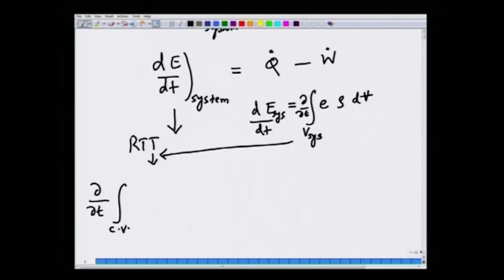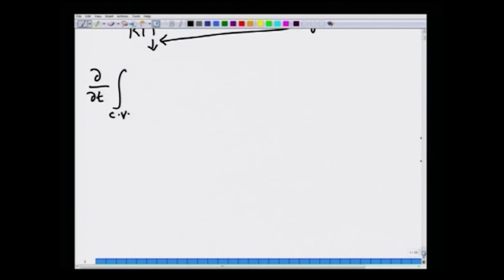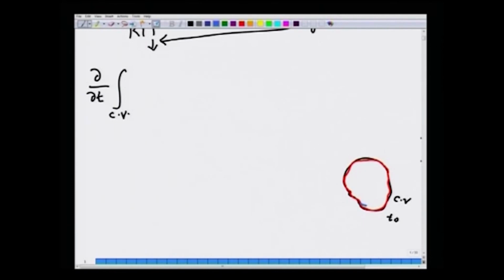Remember that when we use the Reynolds transport theorem, we always imagine that you have a CV, and at some time t naught the system and CV coincide. They are exactly the same at time t naught, but the CV is fixed in space, independent of time, whereas the system, which I am marking in red and blue, at a later time t naught plus delta t, would have moved out of the CV by virtue of flow.